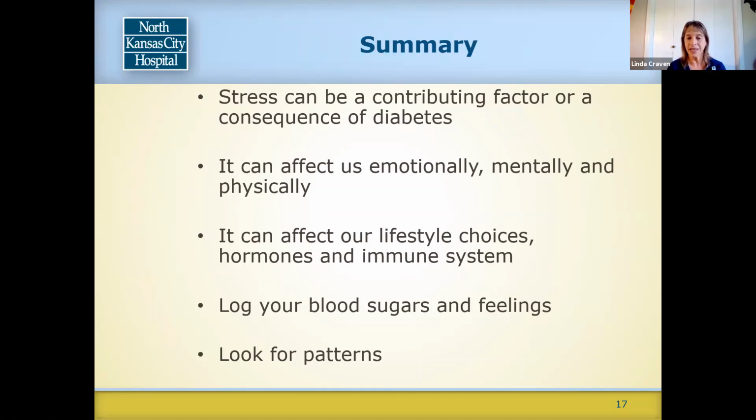And to summarize it, it can also affect our lifestyle choices. It affects our hormones, which we can't really change, and our immune system, which we can't really change. But we can change our lifestyle choices, and we can work harder at trying to manage our stress so that we're making good choices down the road. Log your blood sugars and your feelings and look for patterns.